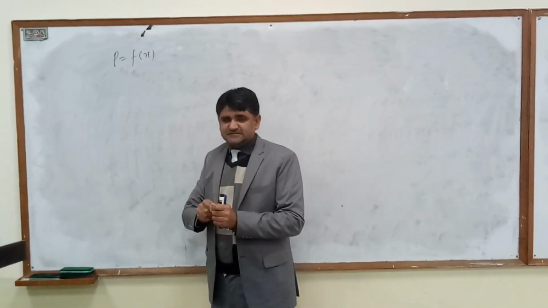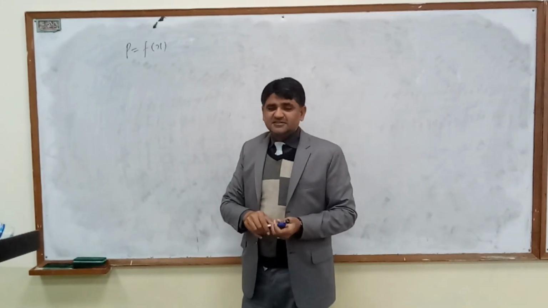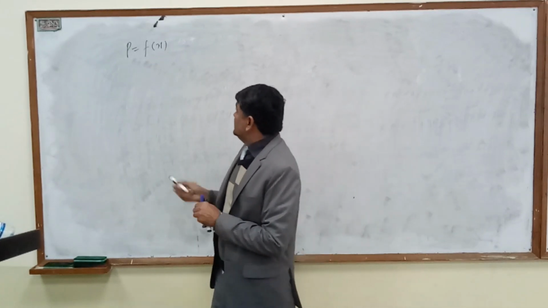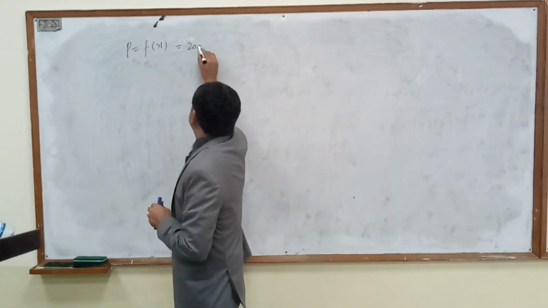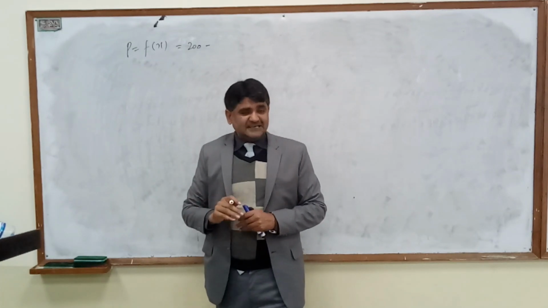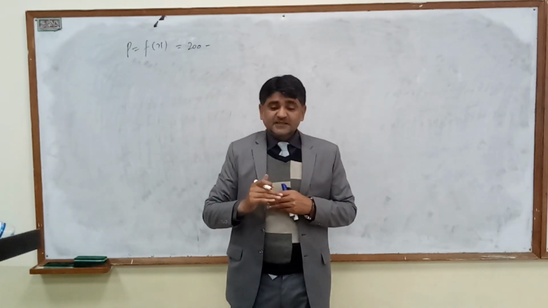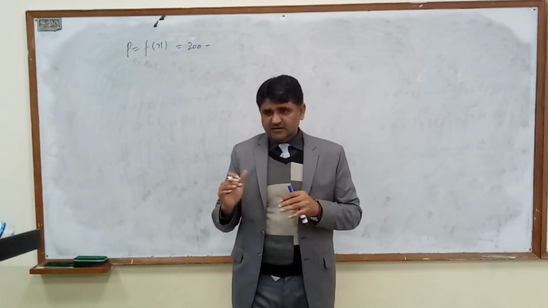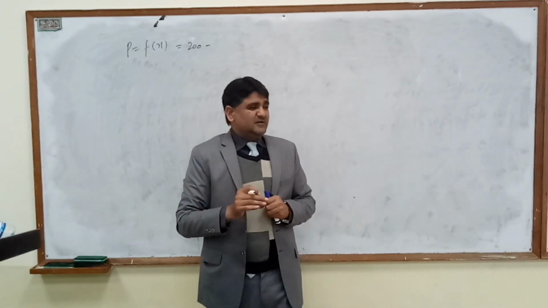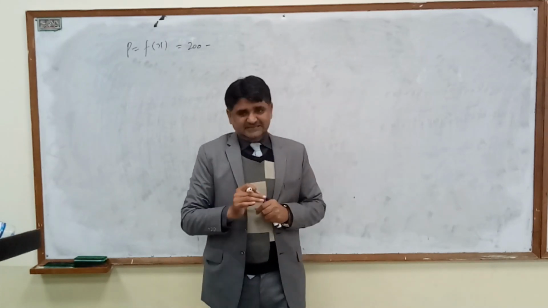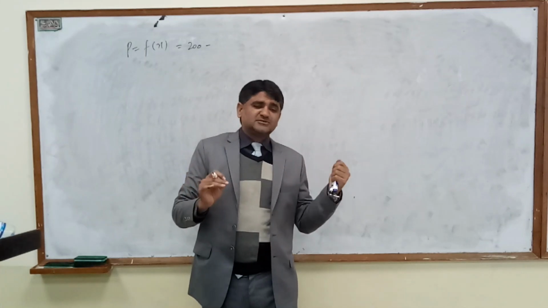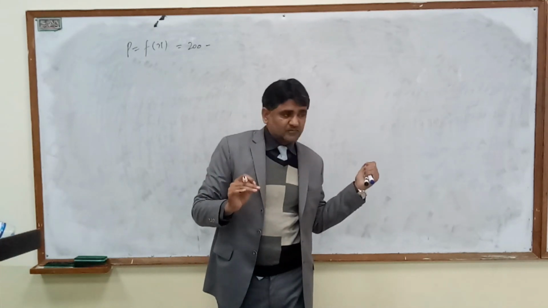What is the annual fee? 300, but they have reduced it to 200. So it's 200 minus, if the number of members exceeds 60. Yes, there is a condition in the question. If the number of members exceeds 60, then $2 is going to be applied.